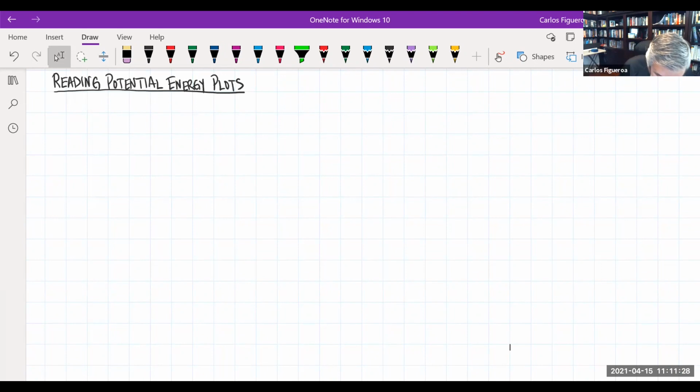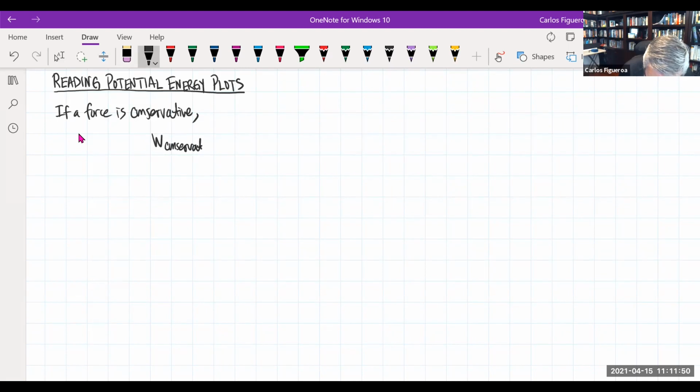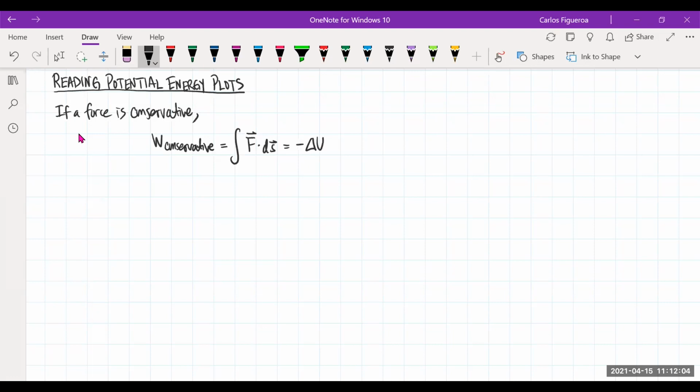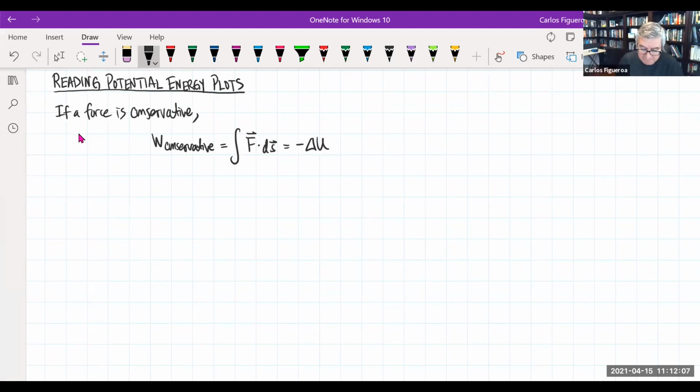So here we go. If a force is conservative, then we know this must be true. The work done by a conservative force, this work is the line integral, and this is equal to the negative of the potential function.